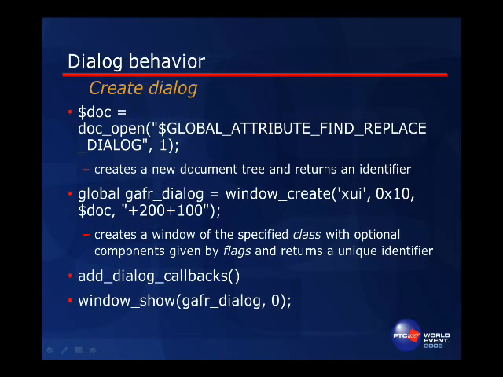So the first argument to the window create function tells you what kind of a window to create, and it tells you that you're reading a ZUI to create the window, and you're using this doc object that you've already instantiated by reading the ZUI document, the ZUI file that represents this thing.